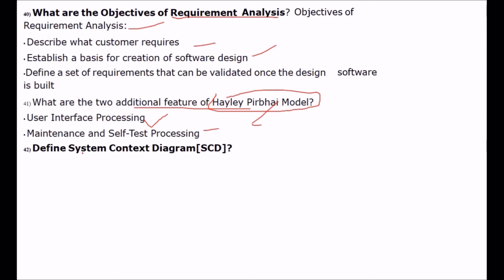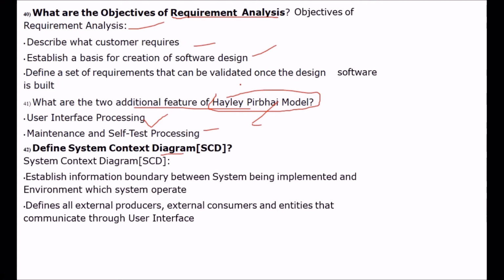Define system context diagram, SCD. SCD, system context diagram, establishes the information boundary between the system being implemented and the environment in which the system operates. Second, it defines all external producers, external consumers and entities that communicate through the user interface.